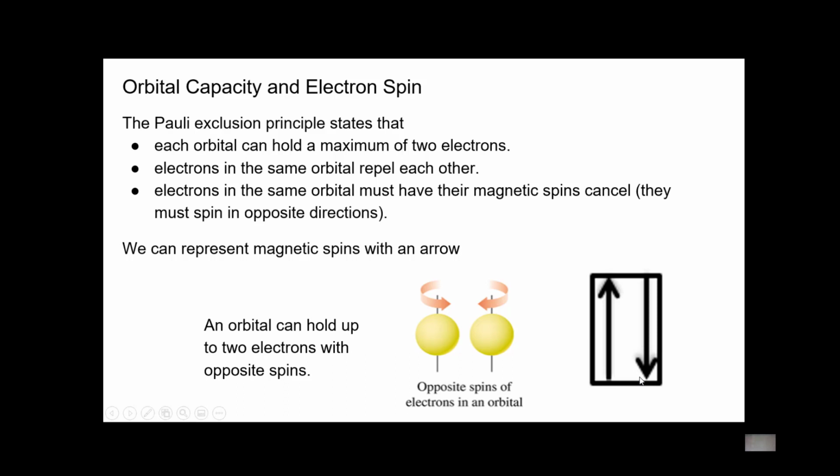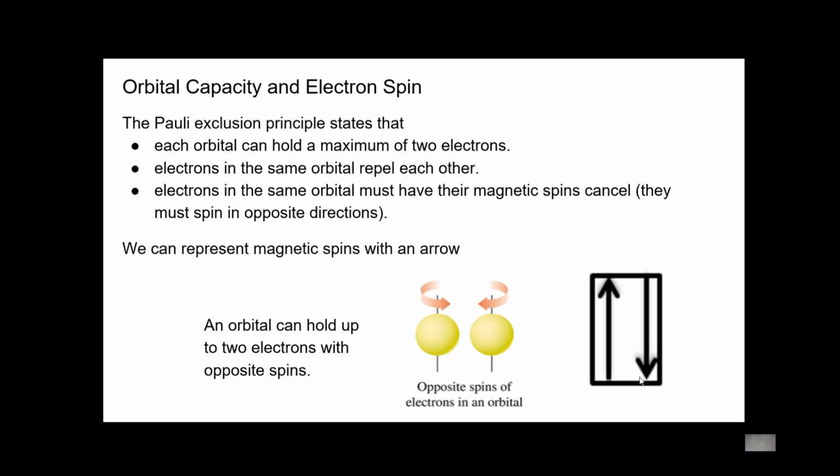Okay, next one. Now, there are rules within an orbital itself. So we take one orbital and it can hold 2 electrons. But the problem is, I think I told you, electrons are constantly moving, but they're also spinning. So think of 2 magnets. You can't put 2 magnets together that have the same side. They become unstable and they repel.